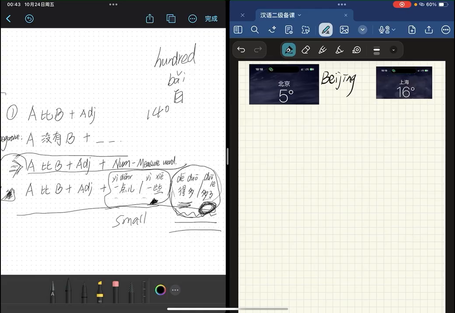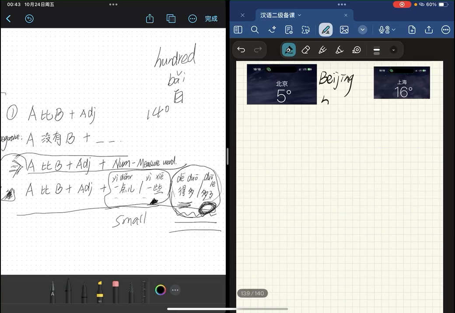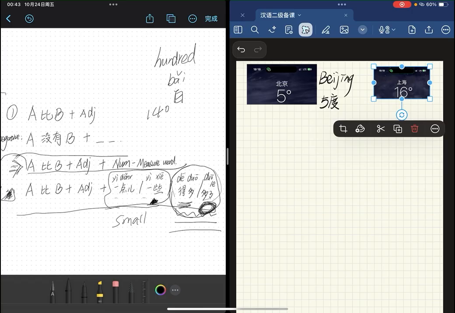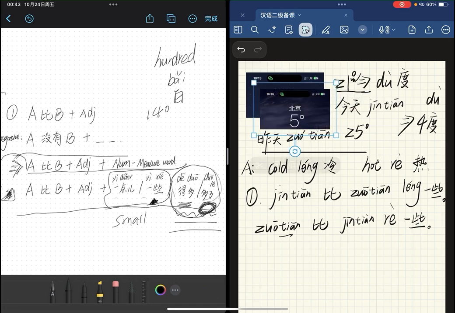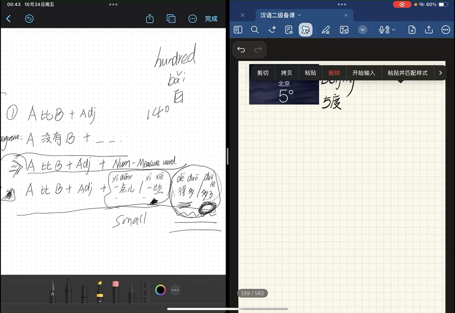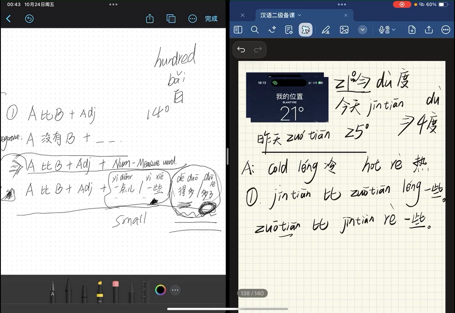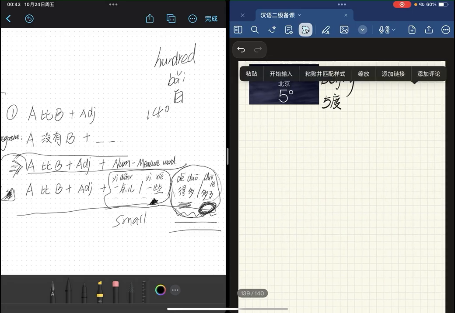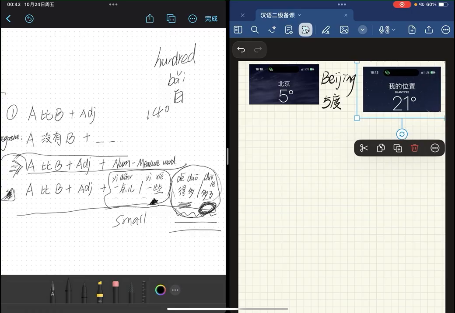The temperature in Beijing today is 5度. And let's see Malawi.